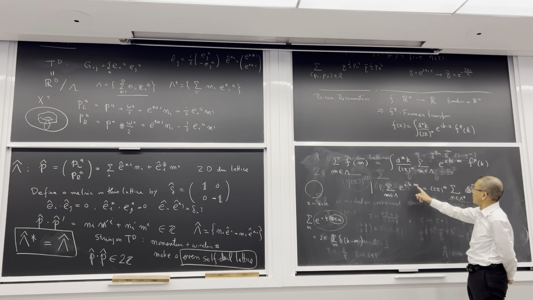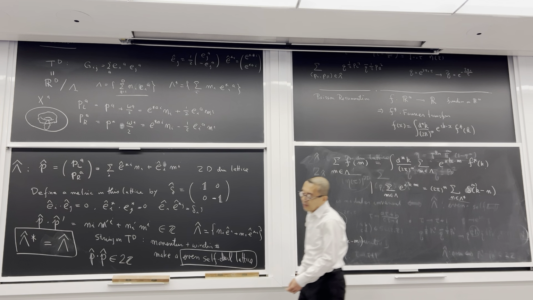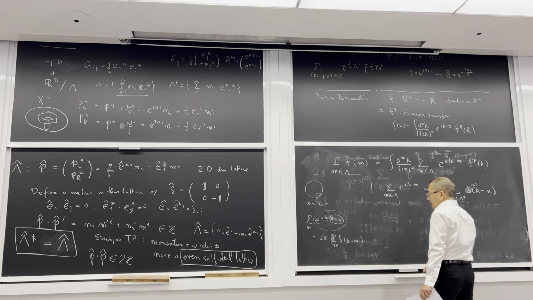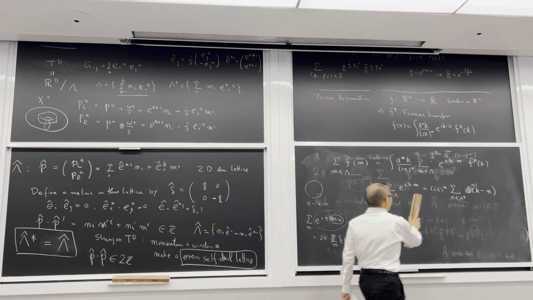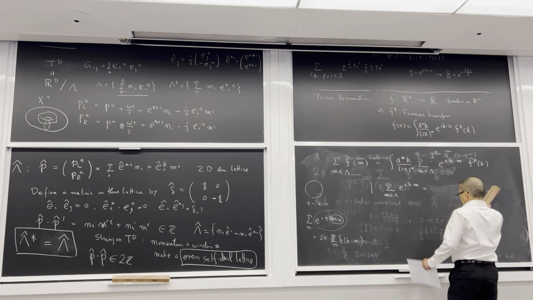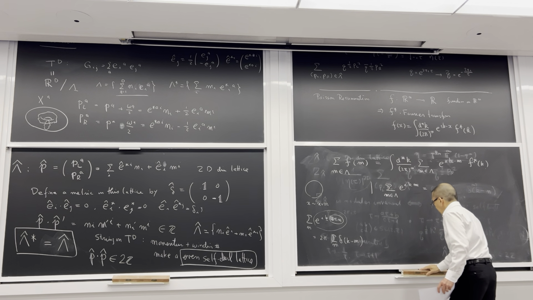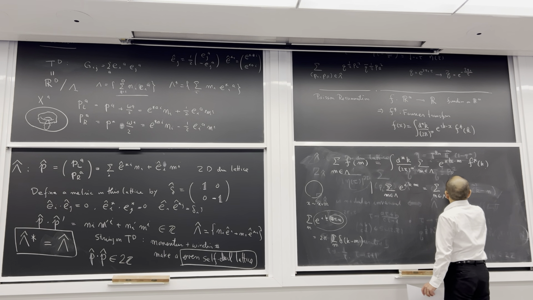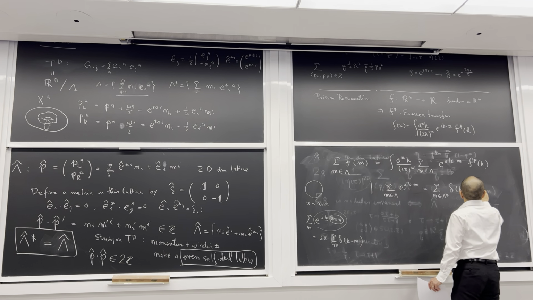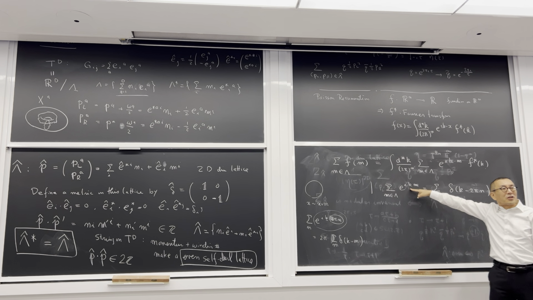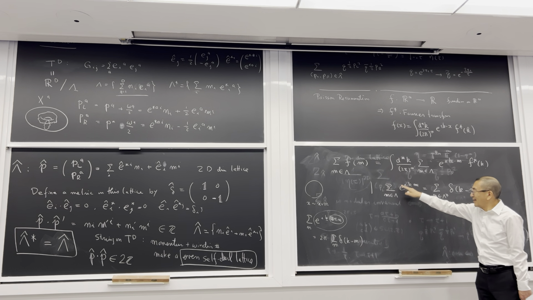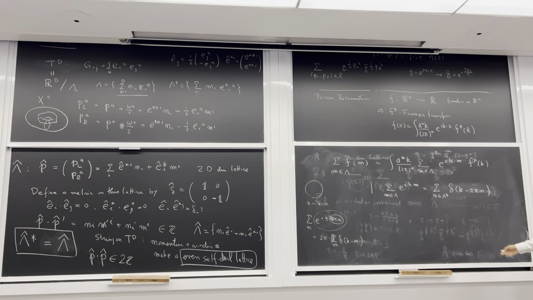Excuse me, the 2 pi should have been here. So if k is 2 pi times an integer, then this is 1, and this gives you infinity. Therefore you can see that this should be given by this.